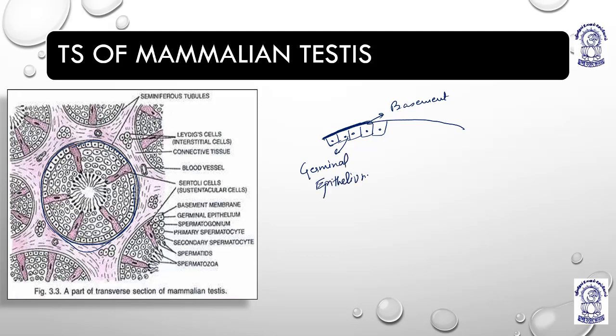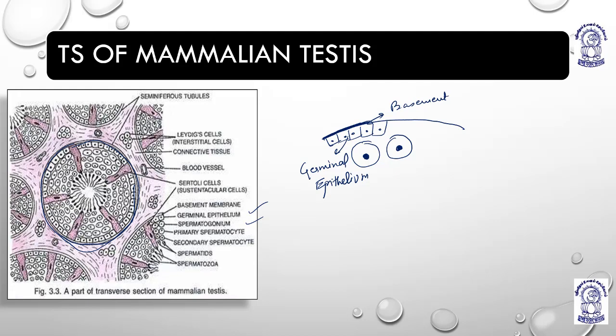Now this germinal epithelium undergoes mitotic division to form spermatogonium.